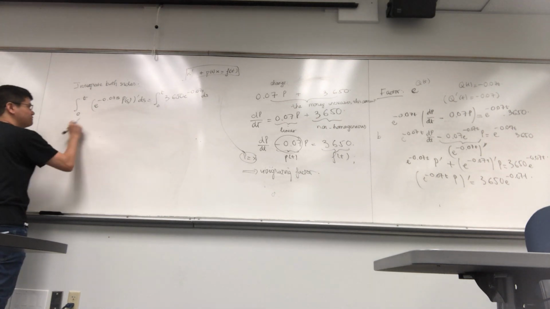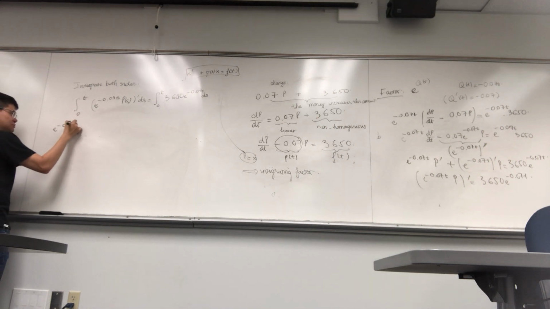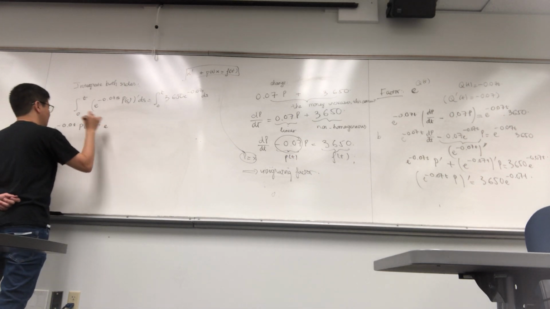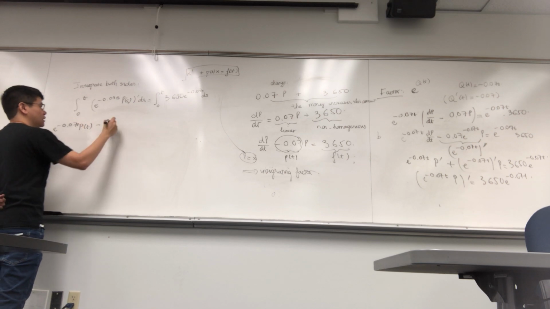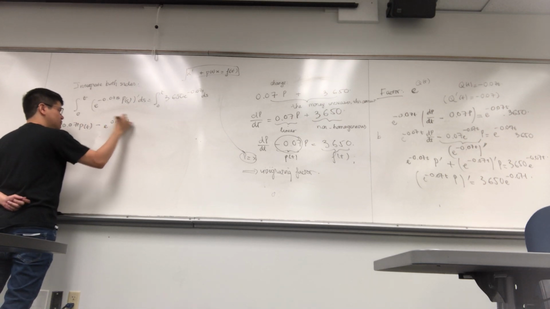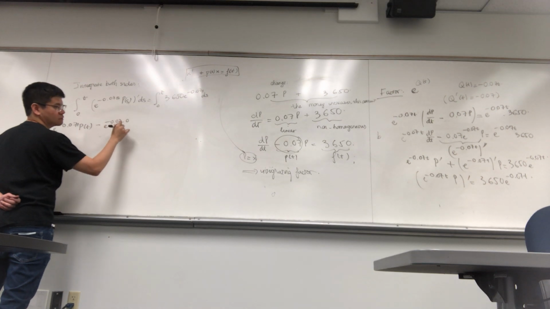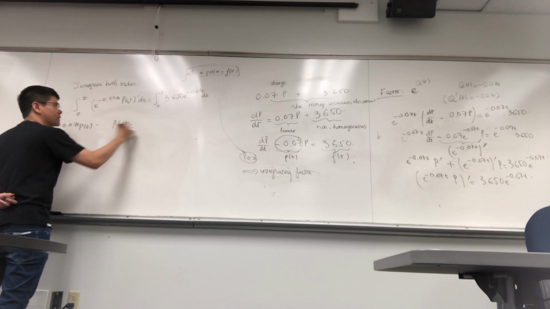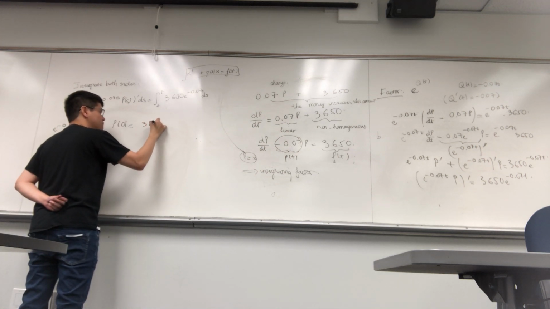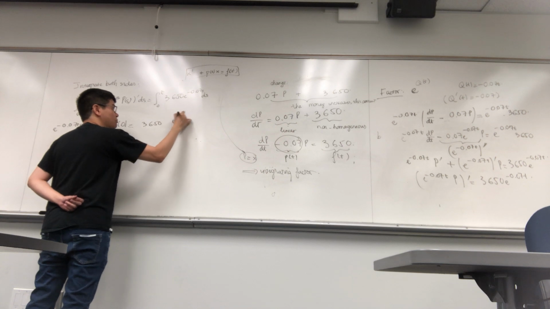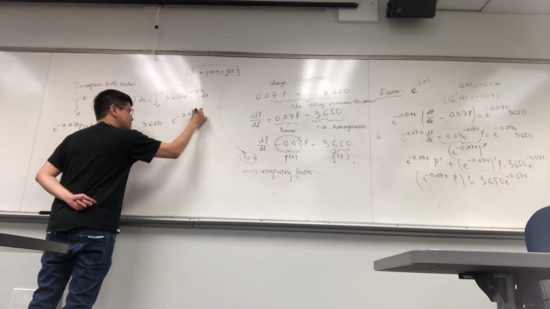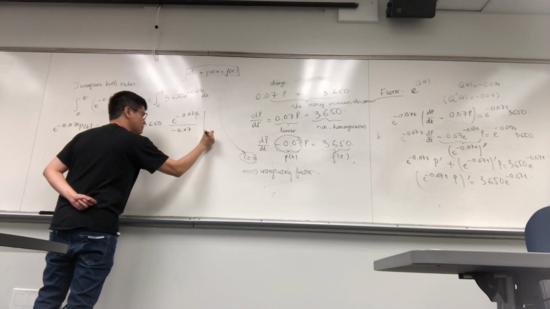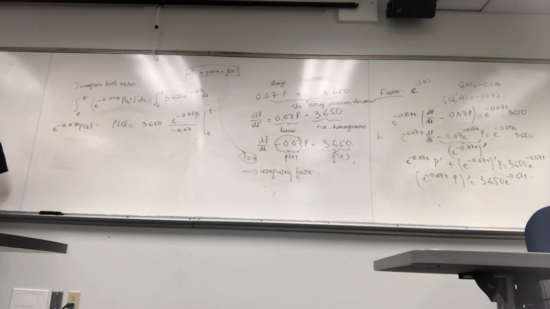The left hand side will give me e^(-0.07t) p(t) minus e^0, which is 1, times p0. And on the right hand side, I'm gonna have 3650 e^(-0.07s) divided by minus 0.07, and then I take the difference between 0 and t.